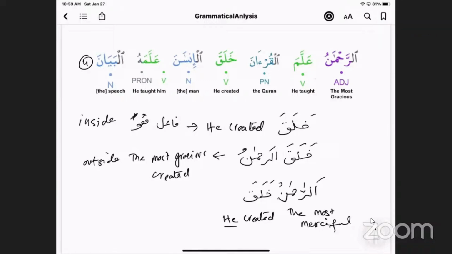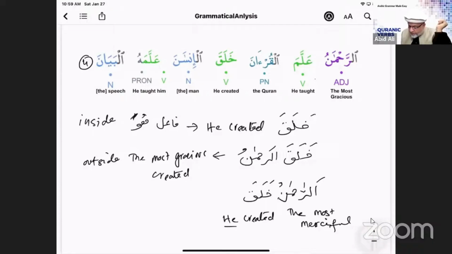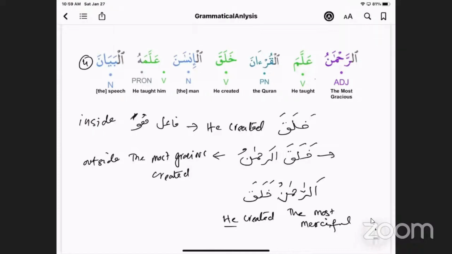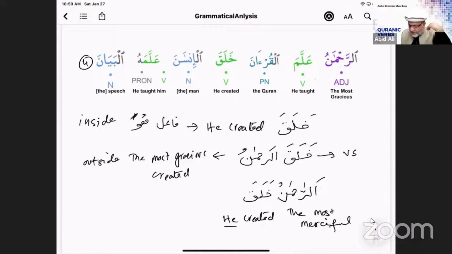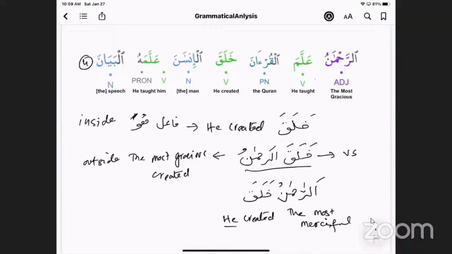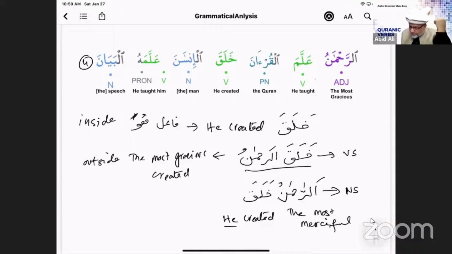So remember, what is this sentence? Is this a verbal sentence? Khalaqa, yes. Brother Javed, is the top one a verbal sentence? Yes. What is this one? Is this a nominal sentence?